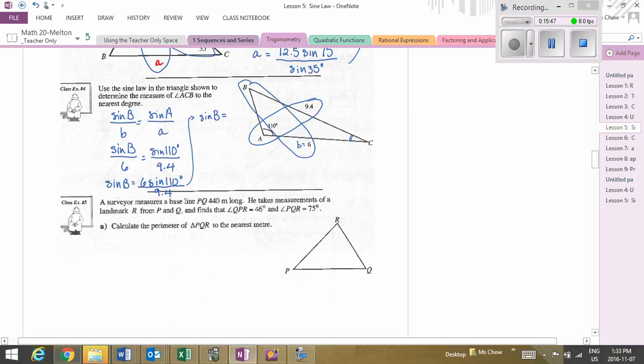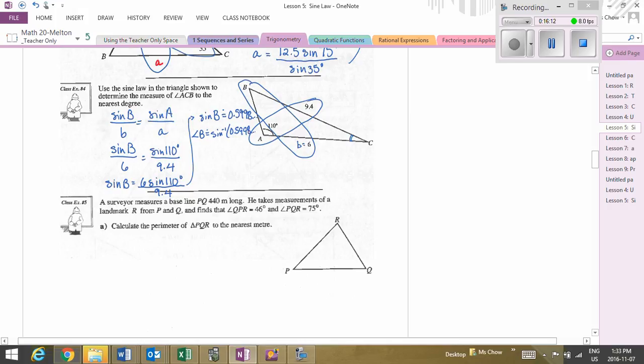So sine of B is approximately 0.5998, and it goes on for a few decimal places. Leave all of those decimal places, and then let's do the inverse sine of all of those decimal places.